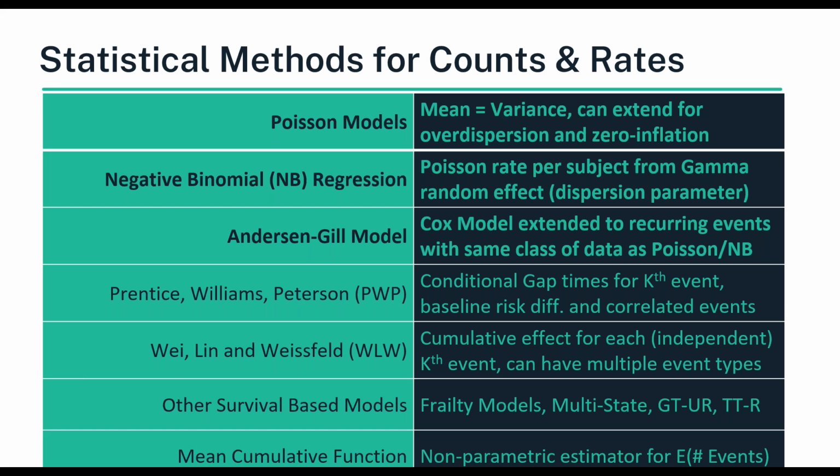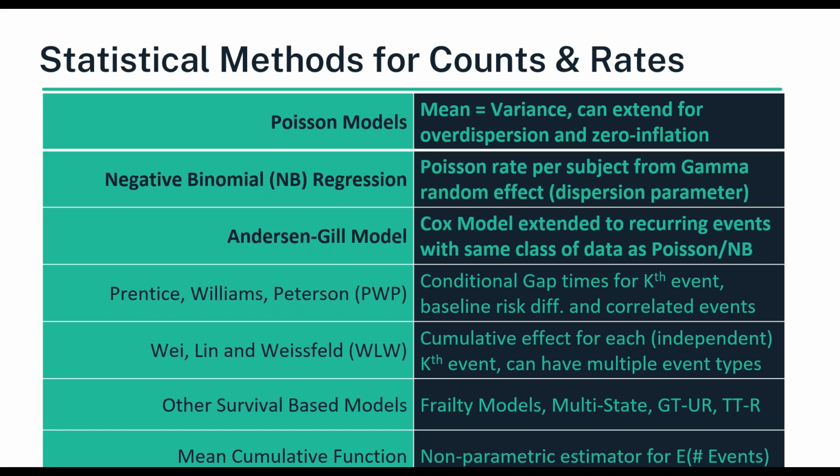The main drawback to this method is that due to the flexibility in the effect size, you are effectively considering the effect size between the first and second events, second and third, and so on and so forth, rather than a global effect size. And so it's perhaps not as interpretable as the Anderson-Gill model, for example.